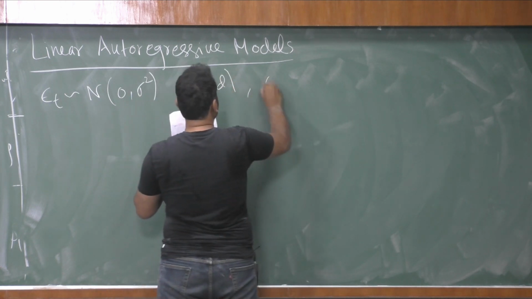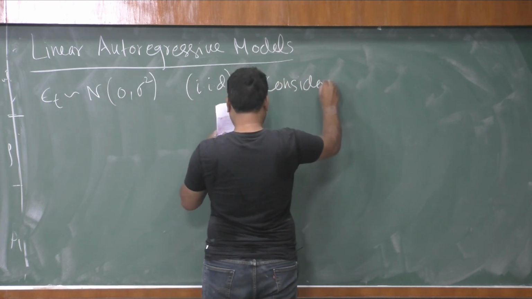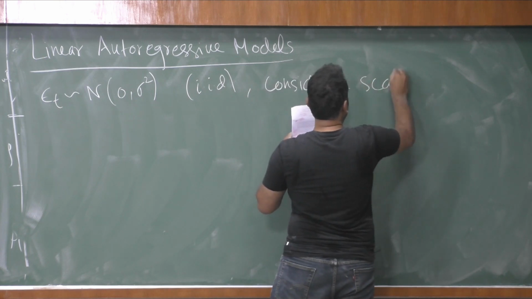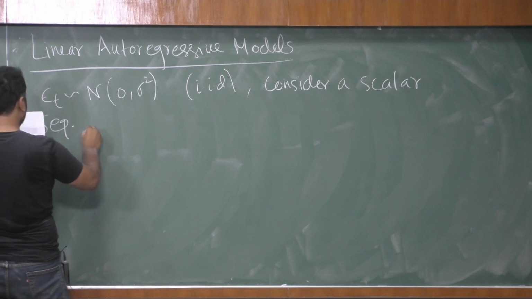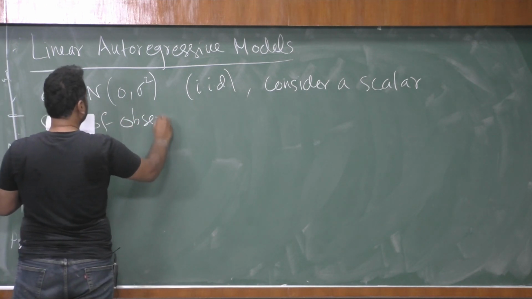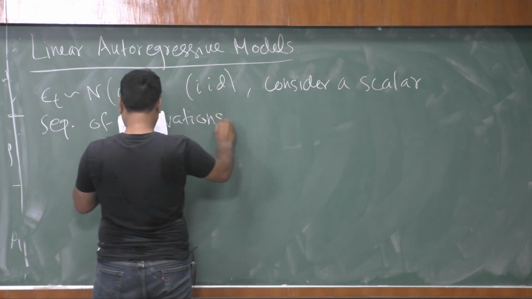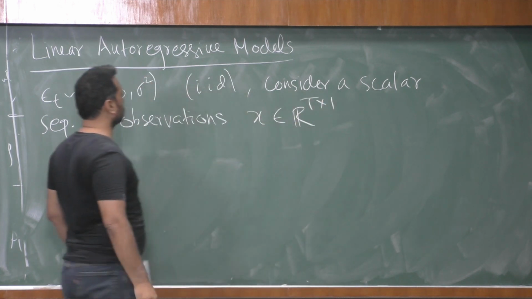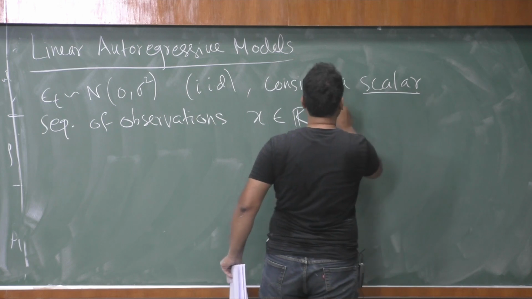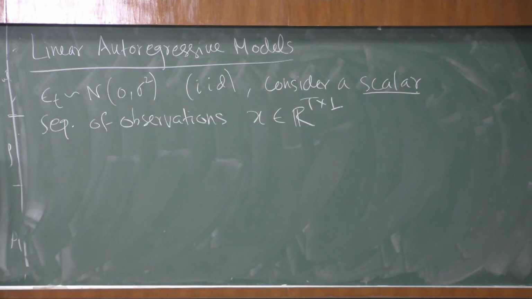Then consider a scalar sequence of observations, let us say xt in R. We call it scalar because this d is 1 in our case now.